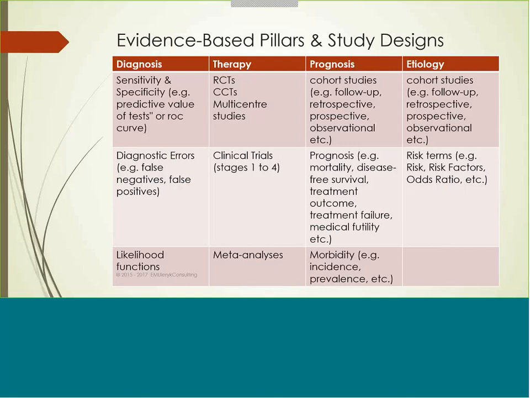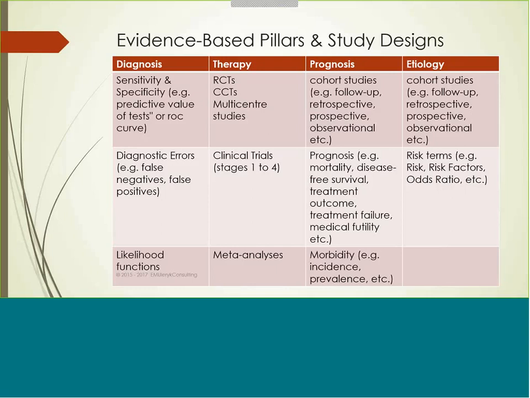So just as a very quick review, the evidence-based pillars and the study designs associated with them are available on this slide. So if you look at diagnosis, there's sensitivity and specificity. So some of the headings are predictive value of tests, ROC curve. Diagnostic errors, there's false negatives, false positives.